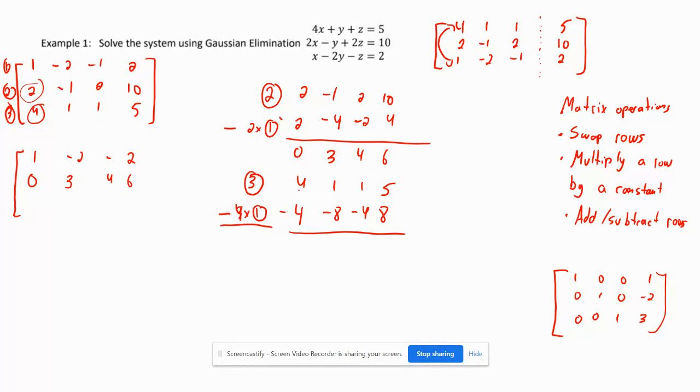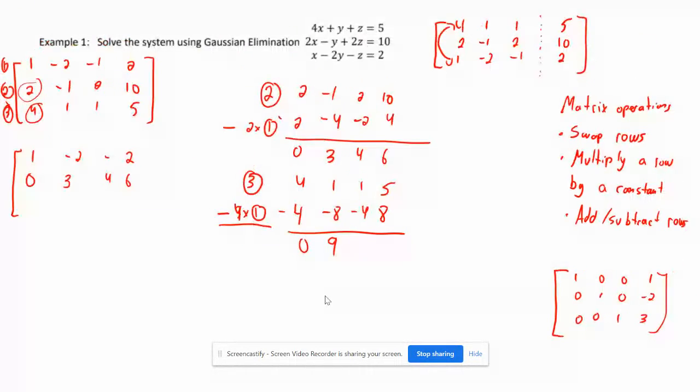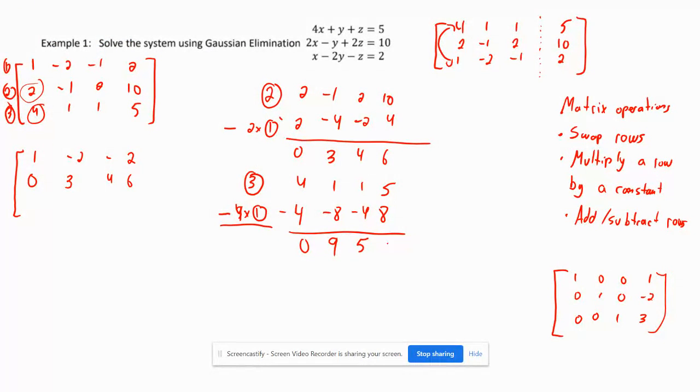So I'm going to subtract these. 4 minus 4 is 0. 1 minus -8 is +9. 1 minus -4 is 5. 5 minus 8 is -3. So now what I have so far is 0, 9, 5, -3.